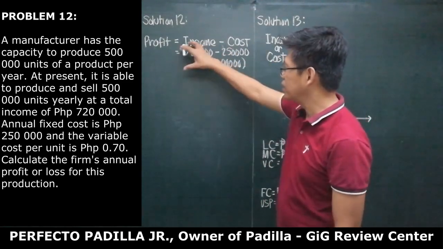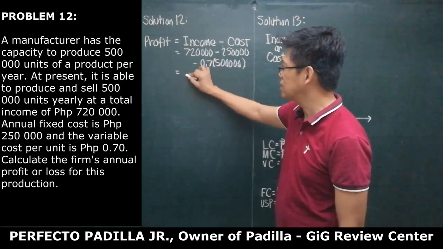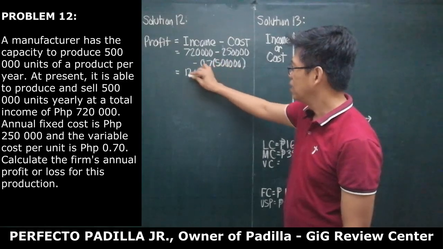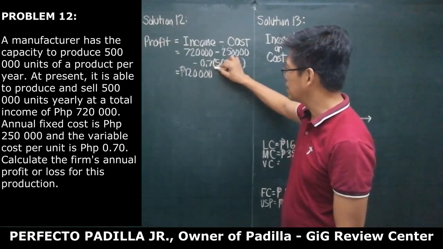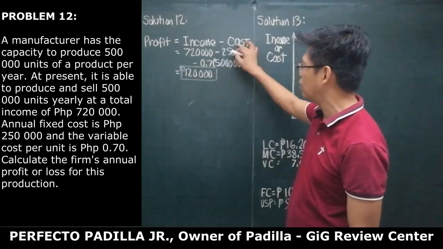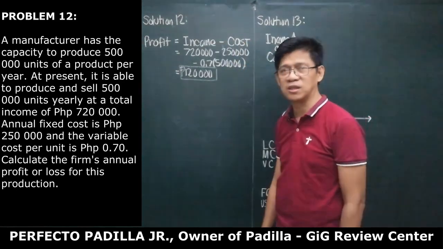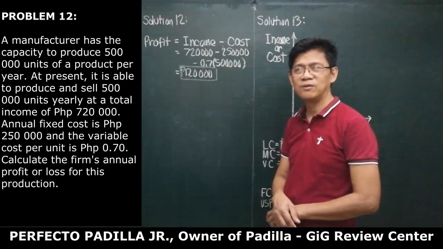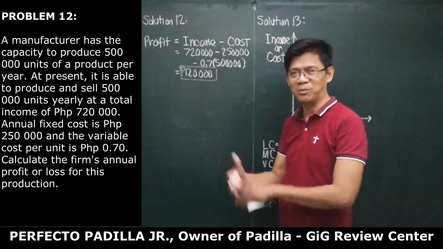So you calculate this, the profit is 120,000. If it so happen that this is negative, meaning the cost is greater than the income, then there is no profit. It's a loss. Do you follow? Maliwanag? Okay, you may copy.